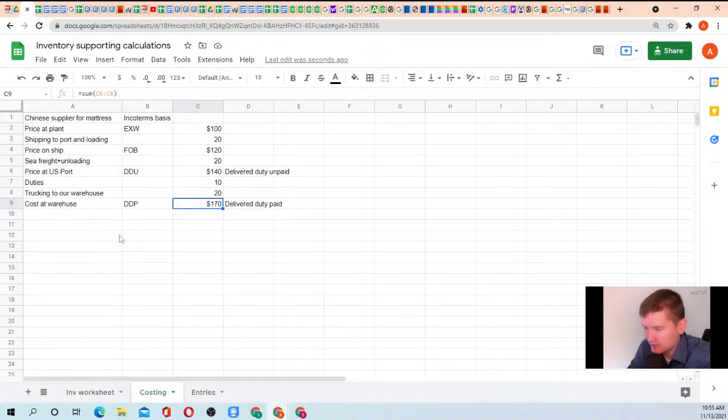Your value of inventory will be the same when you get it in your warehouse, regardless of your contracts. It can be recognized in different periods, but eventually you will get $170 cost. So that's how your cost of inventory is formed. Again, it's the inventory for resale that will follow that pattern.